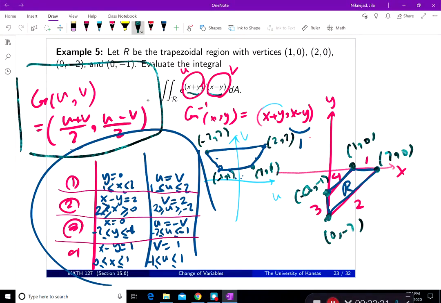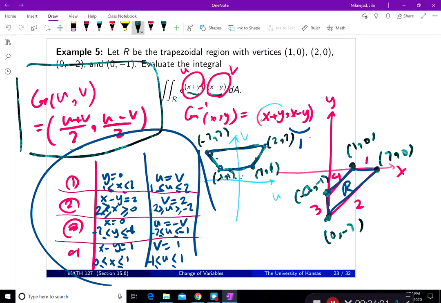Otherwise, the corners would match, but we wouldn't know if there are lines connecting them in between. The reason you can just find the corners by using G inverse and then connect them with lines is because it's a linear transformation. Linear transformations preserve lines, and their inverses preserve lines as well.